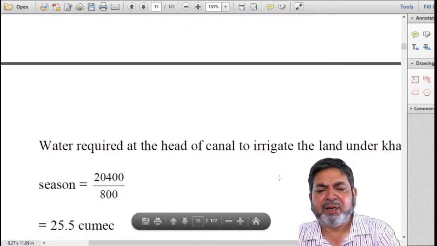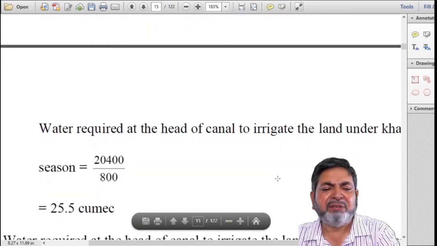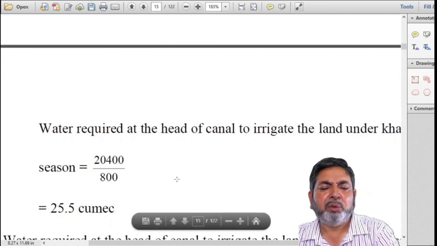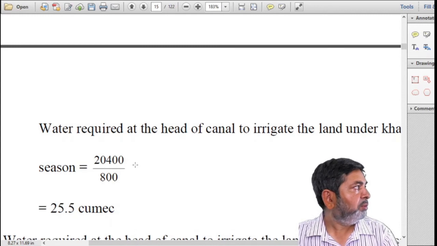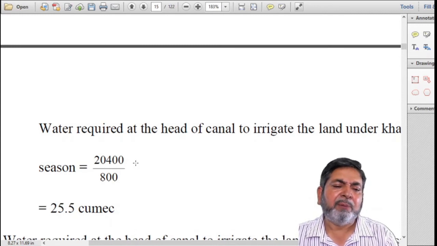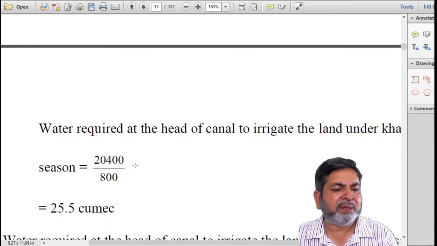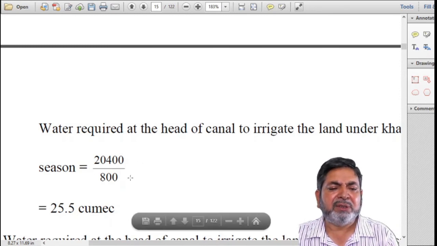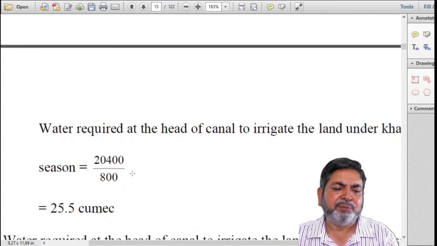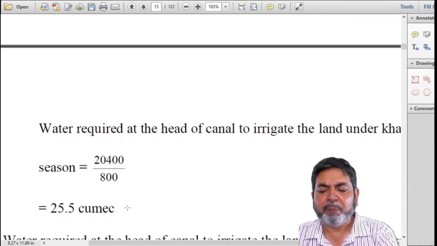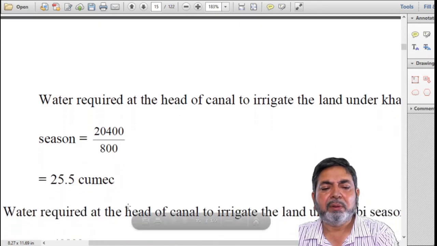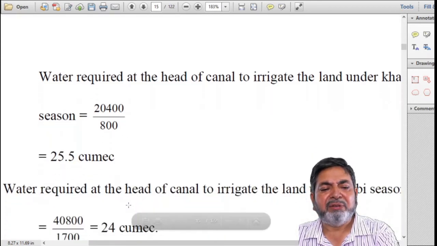Water required at the head of canal to irrigate the land under Kharif season, as I told you, the discharge will be area upon duty. So the area of the land that you have calculated is 20,400 hectares, and the duty for Kharif season is given to you as 800. So the discharge you are getting is 25.5 cubic for Kharif season.